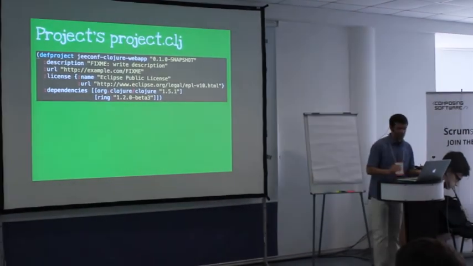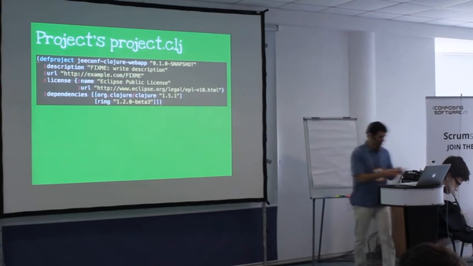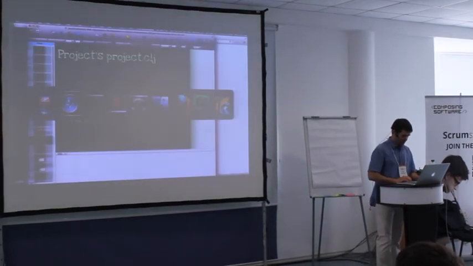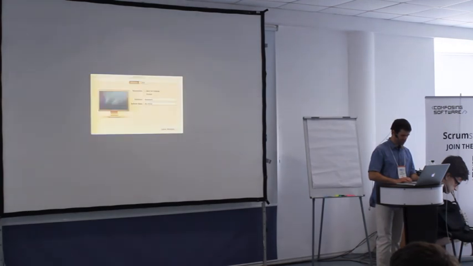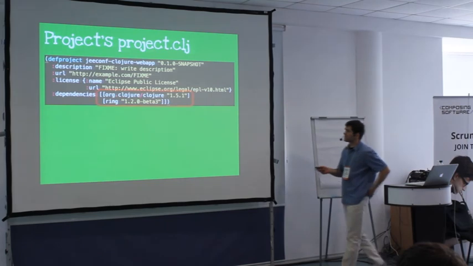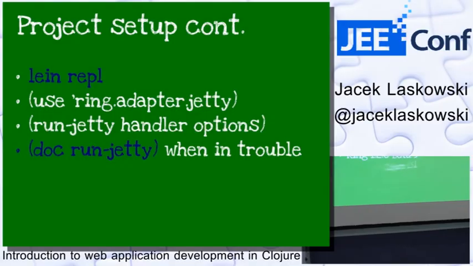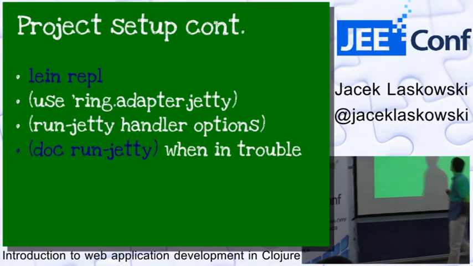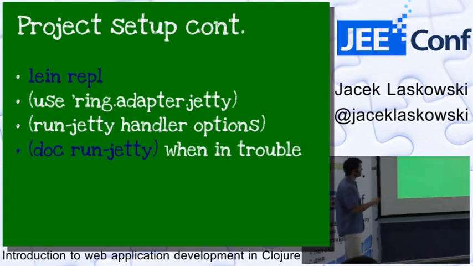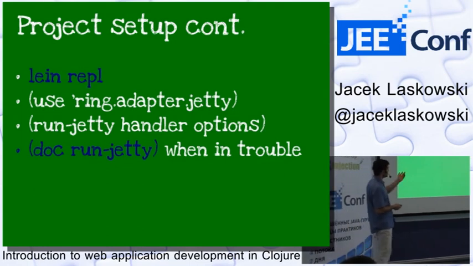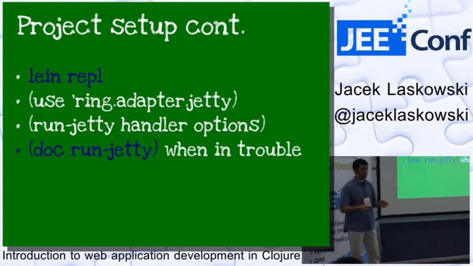Okay, so this is the project CLJ. Later the app will use ring adapter jetty, run handler, but since we didn't define handler, we had to at some point because run jetty gave us an error.